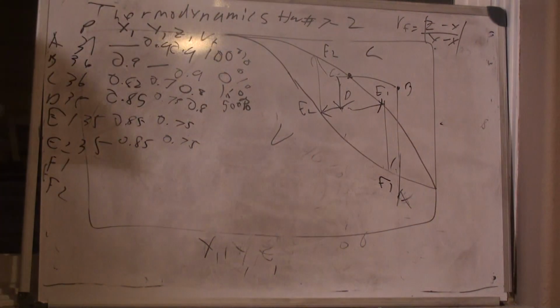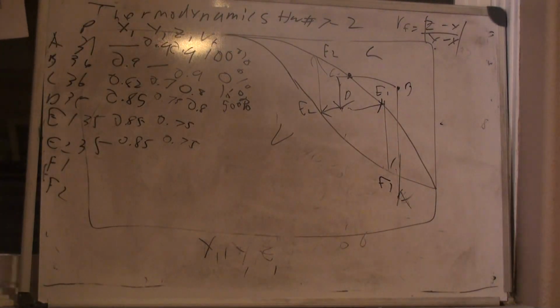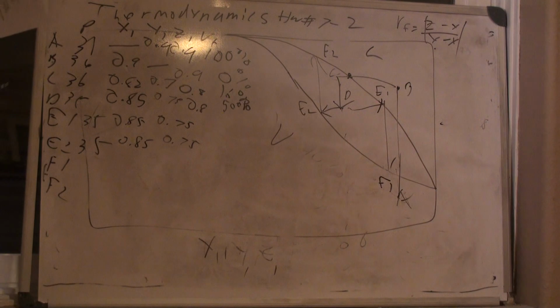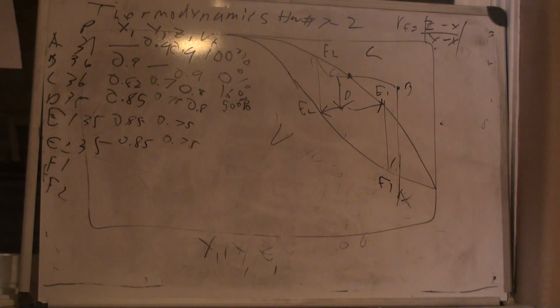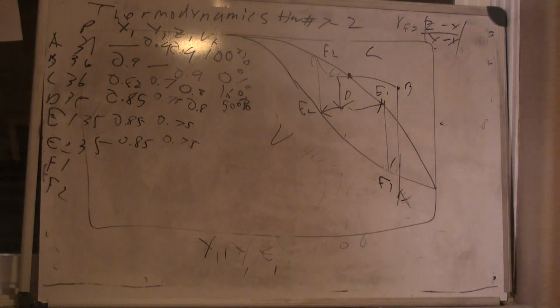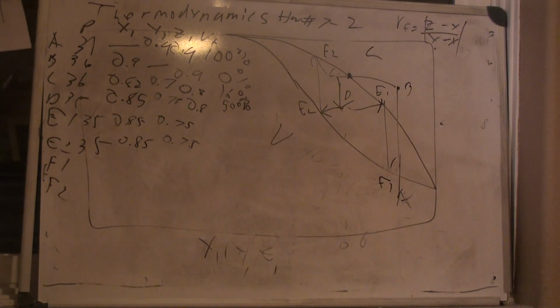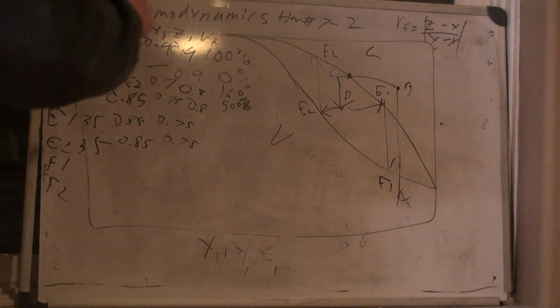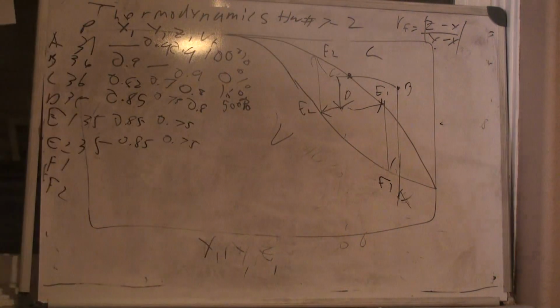What's changed is my z. Because what is the only way I can change z? By moving horizontally, by changing the composition. And when I separate that, that specific stream has a new composition, because it was all the liquid that was in the mixture. And we know that the liquid has a different composition than the vapor.